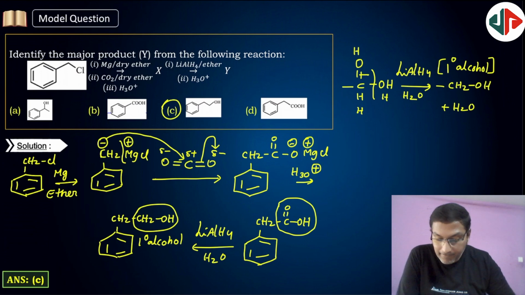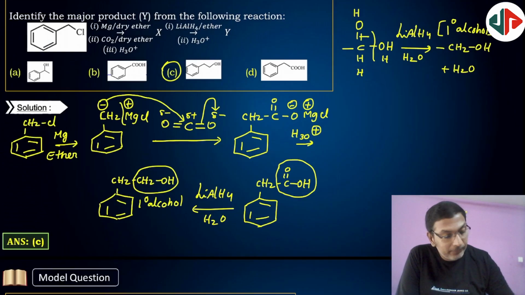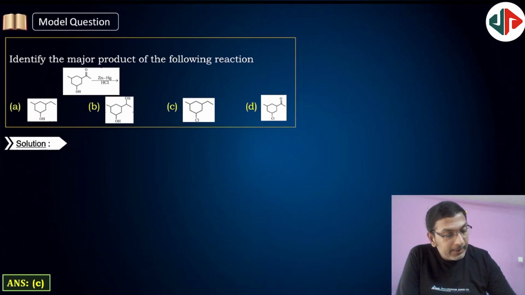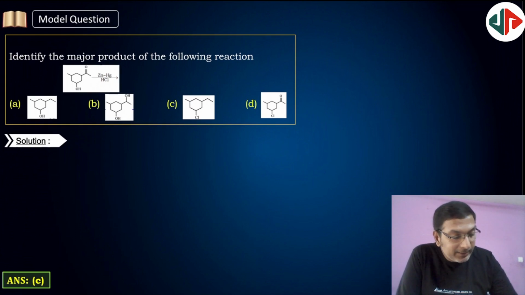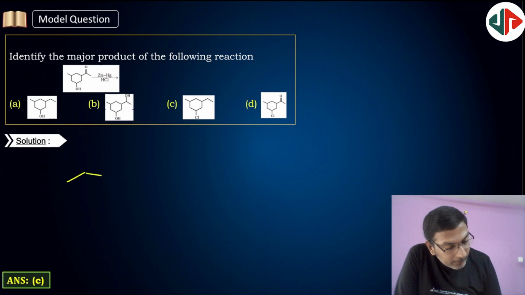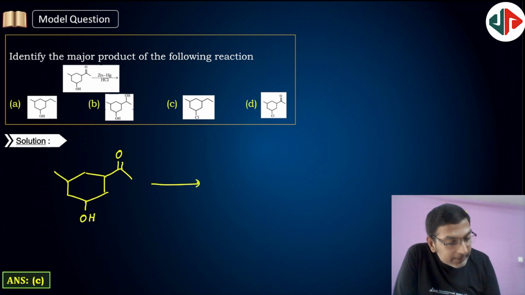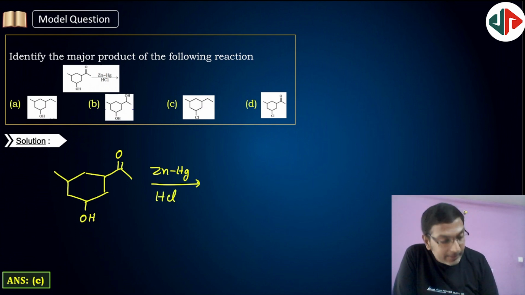Next. Identify major product of the following reaction. Here OH, CH3 and CO. So this is Clemmensen's reduction, Zn-Hg/HCl.